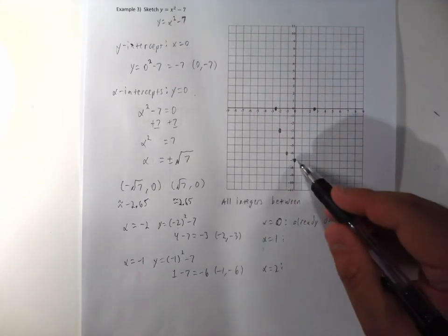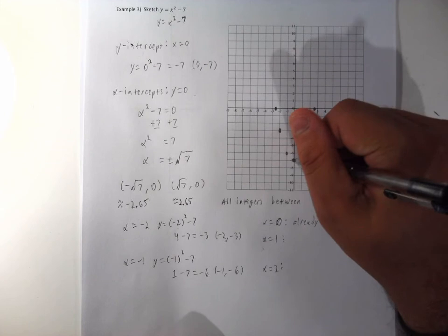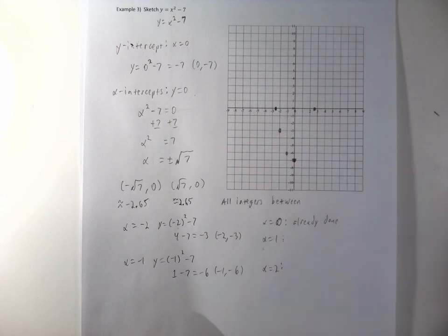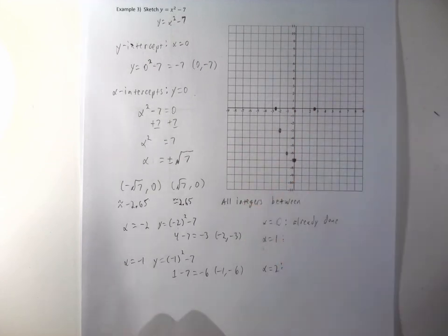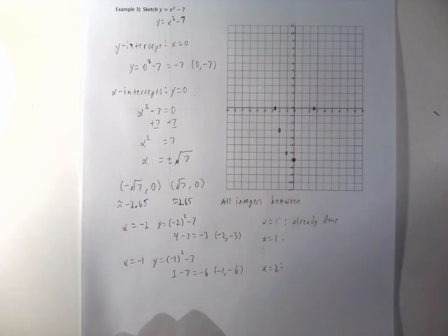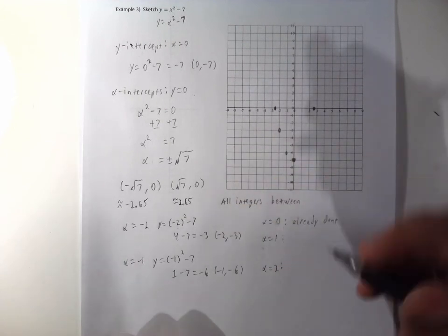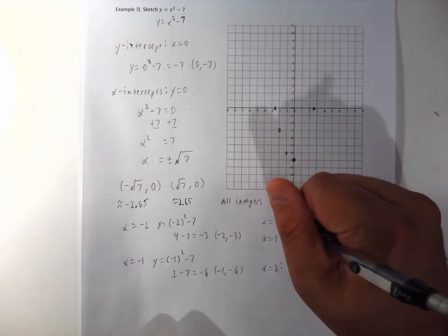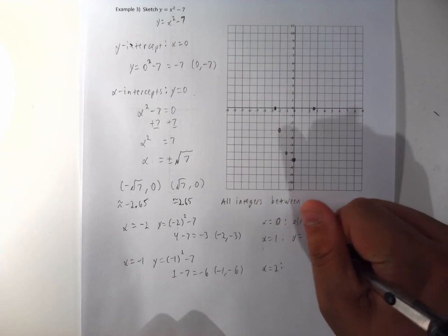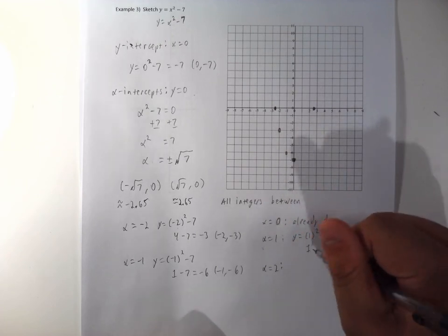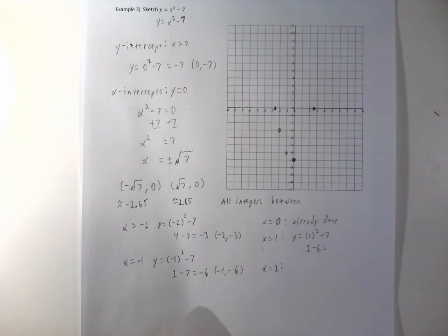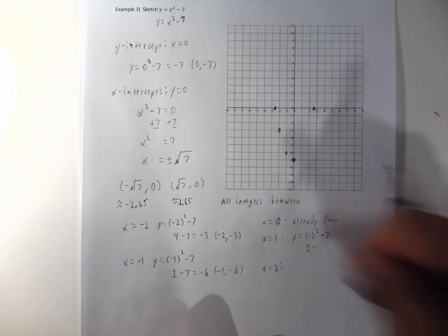X equals 0 is already done. It was 0, negative 7. Okay, I suppose I could make it look a little neater at least. At x equals 1, we have y equals 1 squared minus 7. 1 to any power is 1. 1 minus 7 is negative 6.